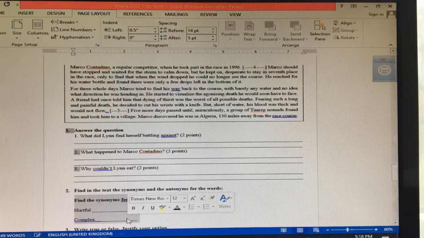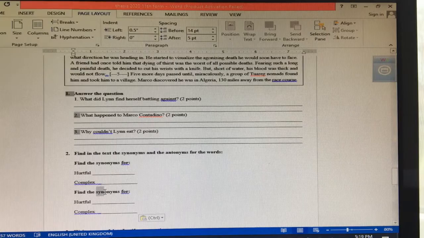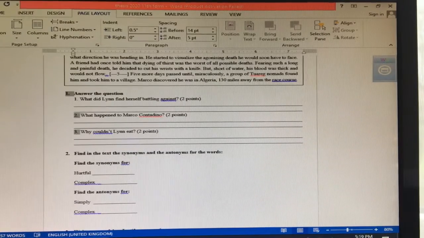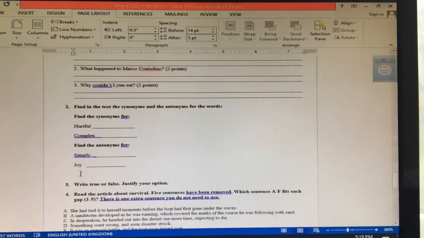And next would be to find the antonyms. Find the antonyms. And the words are going to be, we have the antonym of miraculously, and the joy, for which we have the word depression. I can have them here in 2 columns, and if I have them in 2 columns, it is easy for me. Okay, so let's give them also points.